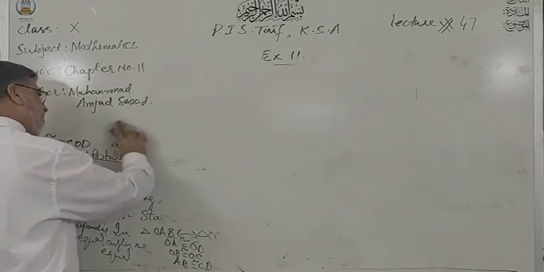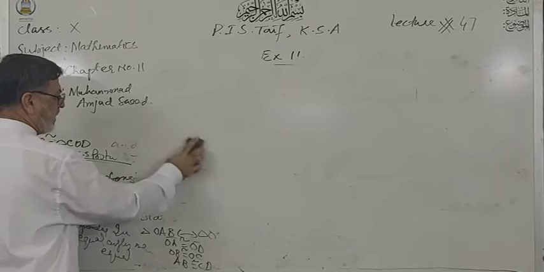So according to the definition of radian, if the length of arc is equal to the radius of the circle, then its corresponding angle will be 1 radian, that is approximately 60 degrees at the center.